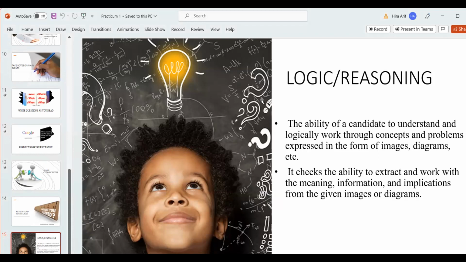So it's the ability of a reader to understand and logically work through concepts and problems expressed in the form of images and diagrams.